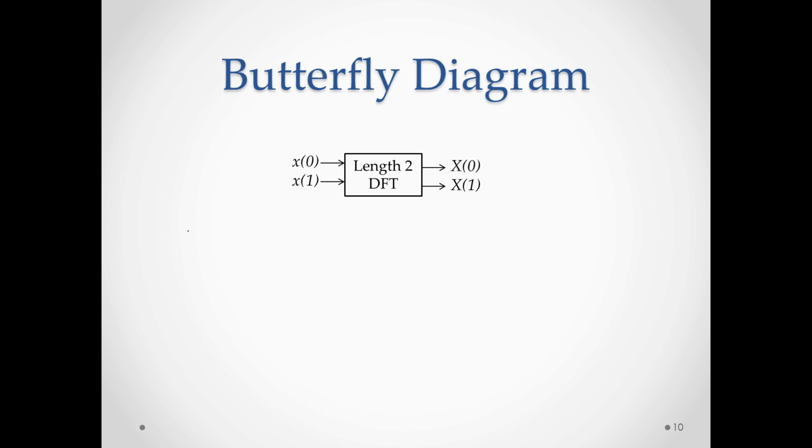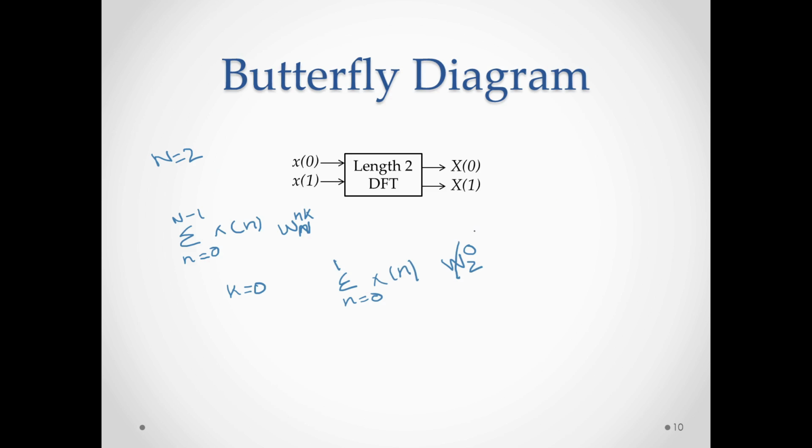When we are trying to calculate 2-point DFT, our series is written something like this: summation n from 0 to n minus 1, x of n, W_N^{nk}. For k equal to 0, we get summation n equal to 0 to 1, since capital N is equal to 2, so n minus 1 would be equal to 1, of x of n, W_2^0.